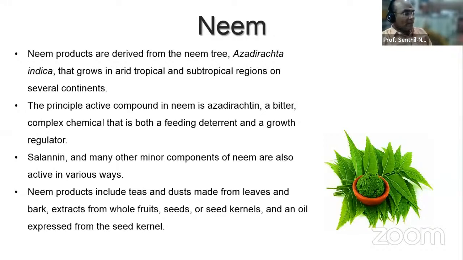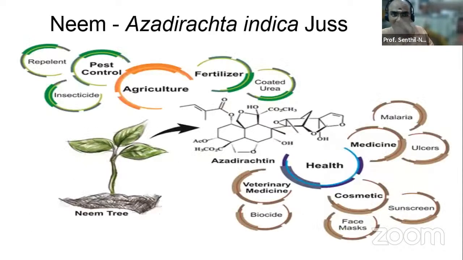Primarily, azadirachtin can be extracted from the dried neem seed kernel. Here, so multiple modes of action of Azadirachta indica, right? Repellent, pest control, insecticide control, growth regulator, reproductive inhibitor, and also some part of it can be used as a fertilizer.